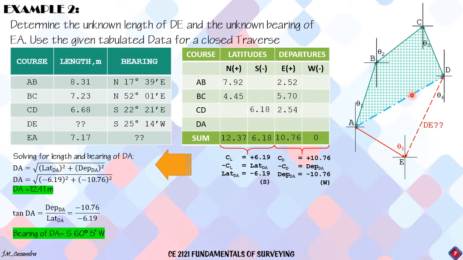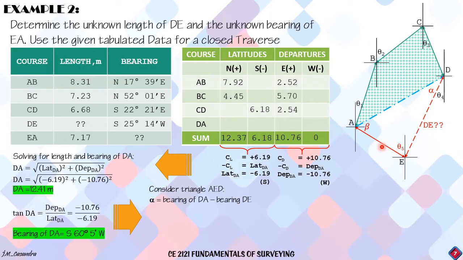From this, we now consider the triangle formed by the closing line and the unknown lines. So we have triangle AED. Let's call the angles of triangle AED alpha, and this one is beta, and this one will be angle E. Theta 5 is the bearing of line AE.